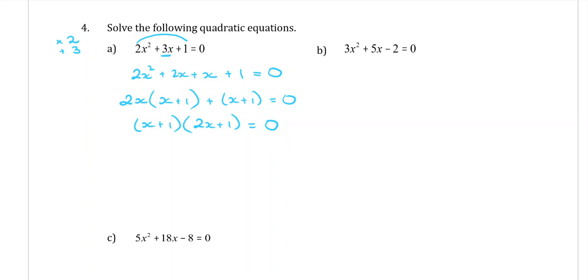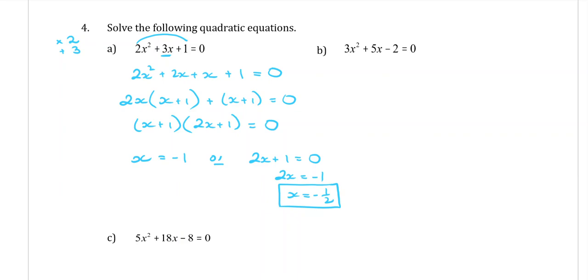Next, I want to solve the equation by using null factor. From the first bracket, I'm going to get x equals minus 1. From the second bracket, I'm going to get 2x plus 1 equals 0, which means 2x equals minus 1, and x is equal to negative 1/2.